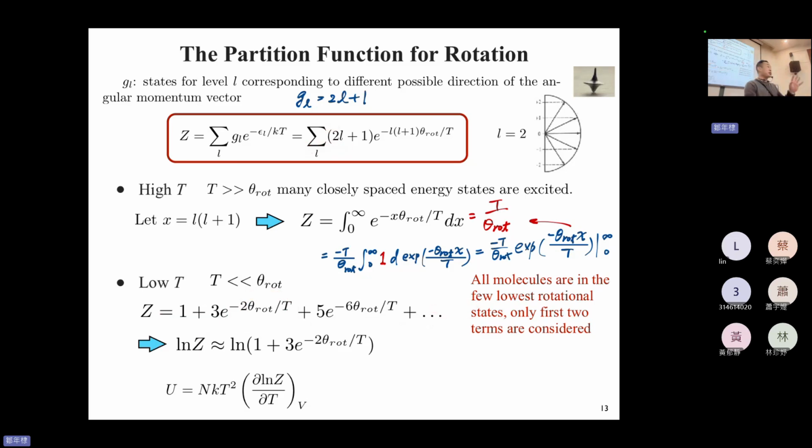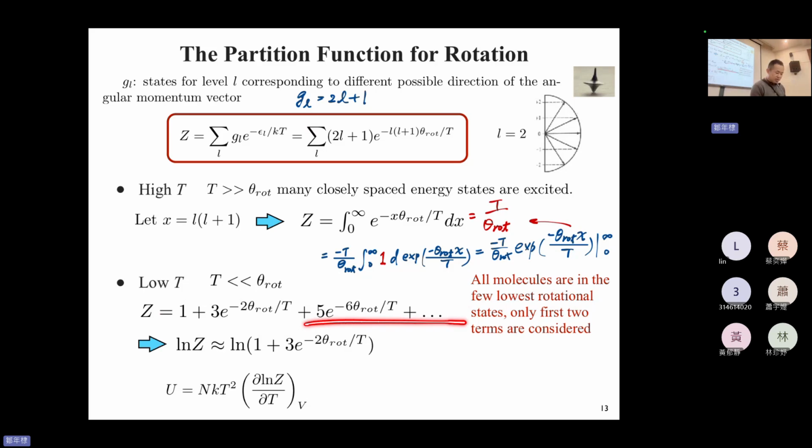But this is interesting, okay? All the molecules are in the lowest level because you are in the low temperature state. So the third term, fourth term, and the final terms are not relevant. We just need to consider the first two terms, because this is low temperature.